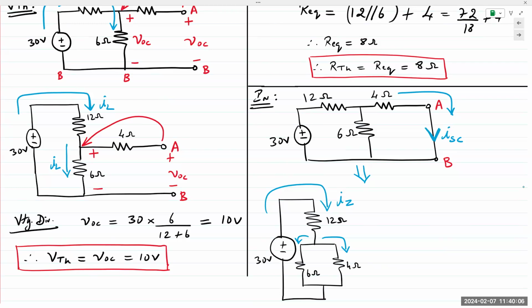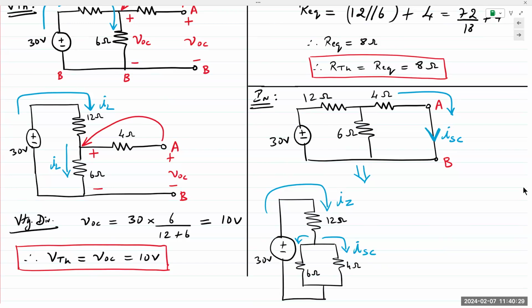Exactly. ISC, the short circuit current going from point A to point B, is the current that is flowing through the 4 ohm resistor. So we simply find the current flowing through the 4 ohm resistor, and that will be ISC.